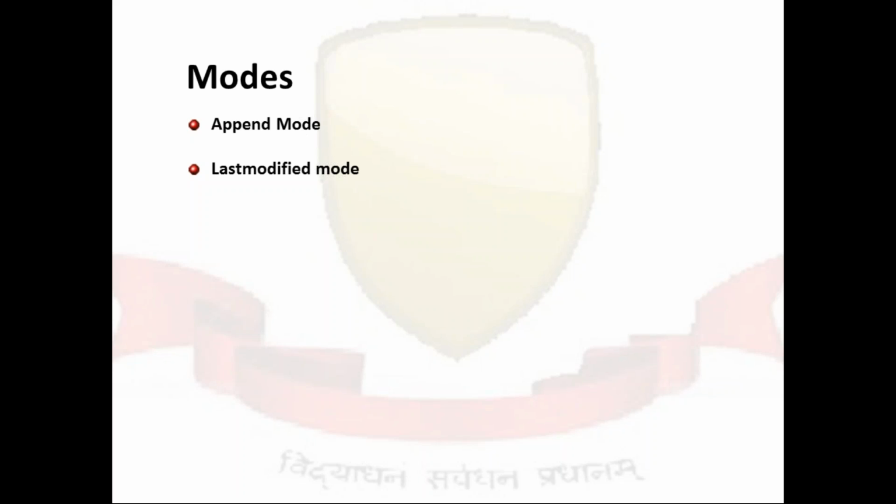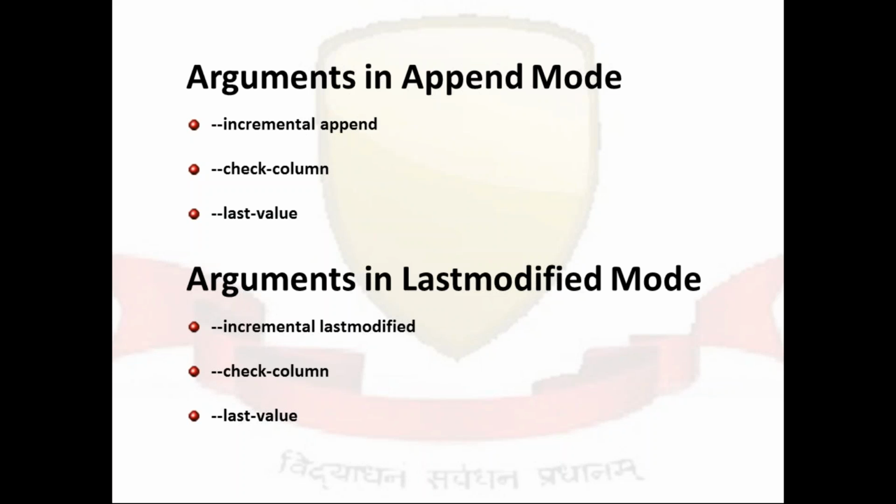Okay. Now, what are the arguments in case of append mode and last modified mode? The first one is incremental, which should be append, then check column, and then last value. Every time you run the Sqoop job with the mentioned arguments, it would store the last value of the column.